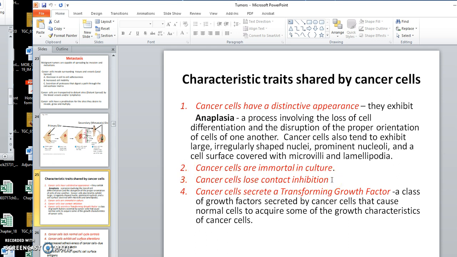Generally, when cells are on a culture plate, once they touch one another, they stop. So they spread out over the whole plate. But with cancer, they just keep multiplying. So if you've already spread out over the whole plate, where's the next one going to go? On top of those. They can secrete a transforming growth factor, which can cause other cells to start misbehaving as they did.